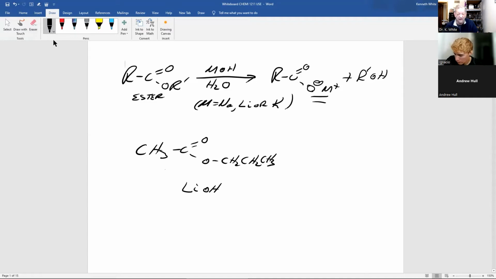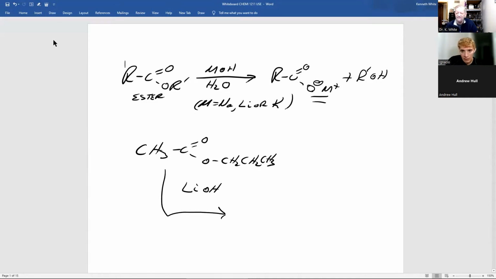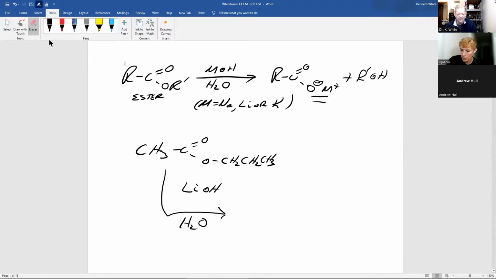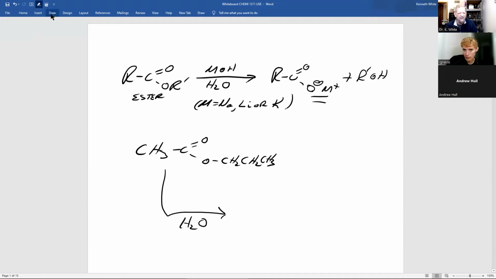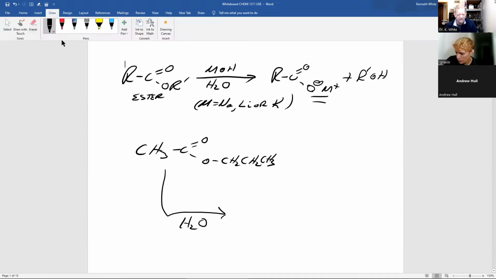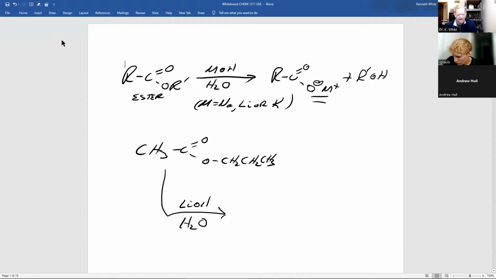Hope I'm not having a bad arrow day. Why don't you do that reaction? What would be the organic product or products for the following reaction? 3 points each.